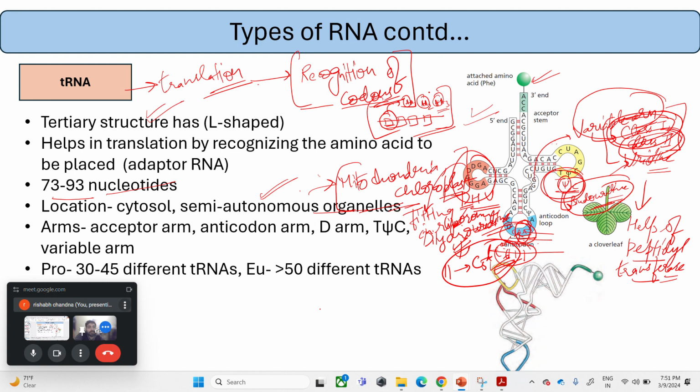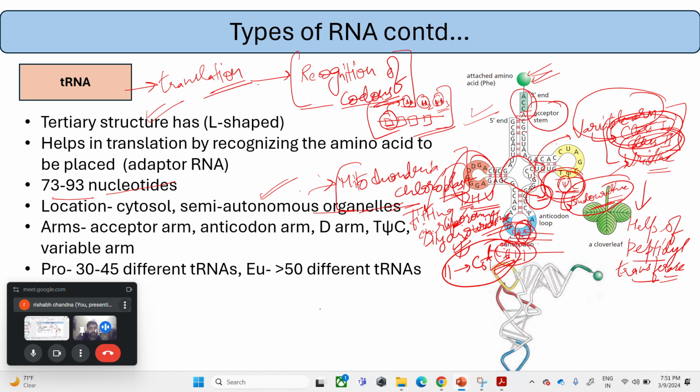The function of the variable arm is not known till now, but it has been seen that the length differs in different tRNAs.